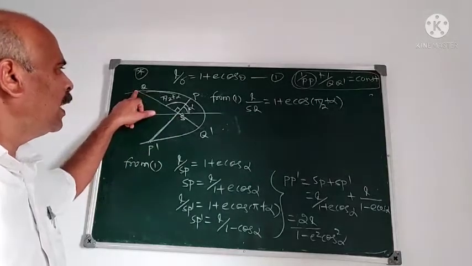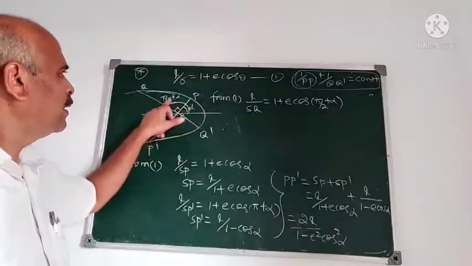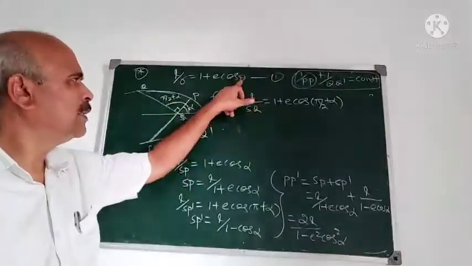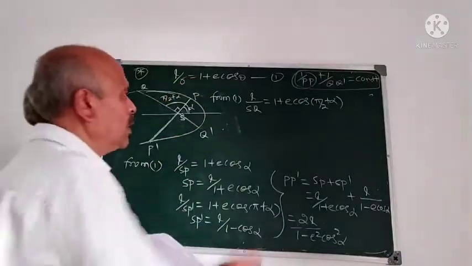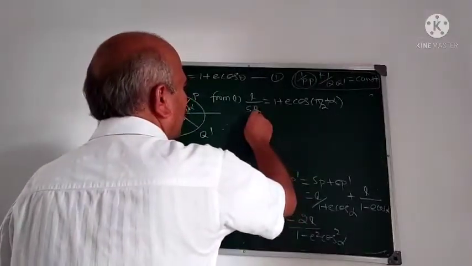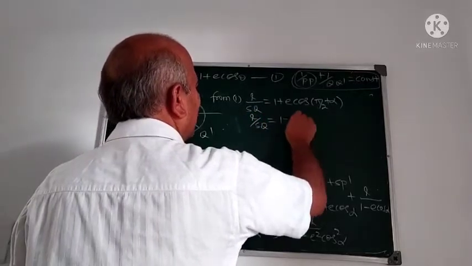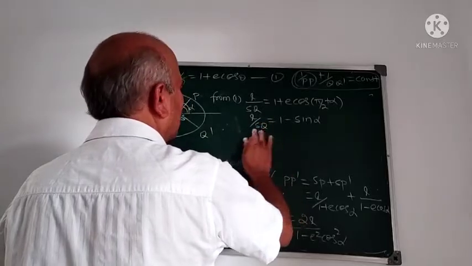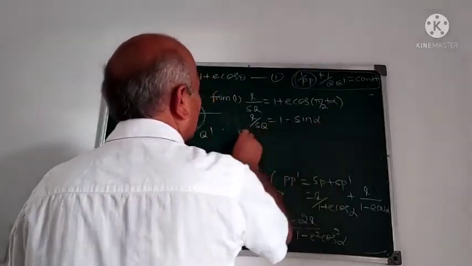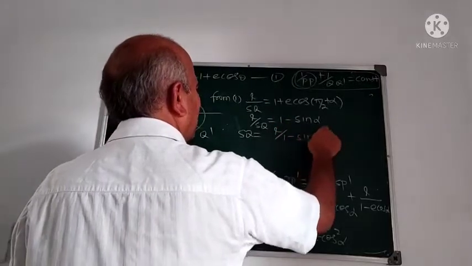SQ, and what is the vectorial angle? The angle made by SQ with the initial line. This is pi by 2 plus alpha. Theta is pi by 2 plus alpha, and R is SQ. Therefore, L by SQ is 1 minus E sin alpha. Therefore, SQ is L by 1 minus E sin alpha.